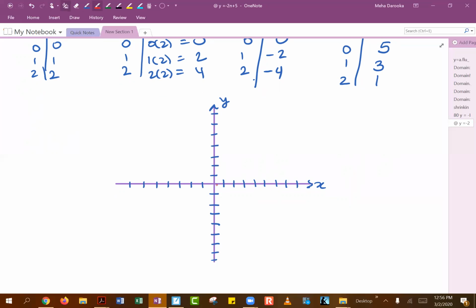So my base function would be 0, 0, 1, 1, 2, 2, negative 1, negative 1, negative 2, negative 2. So just your positive slope of 1.